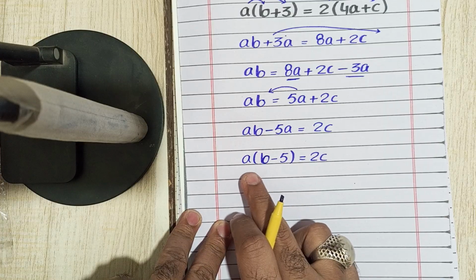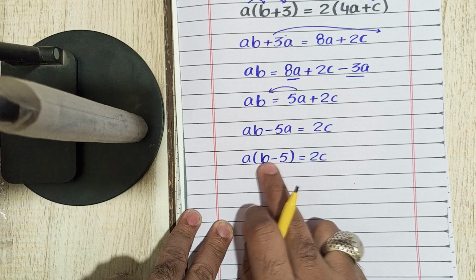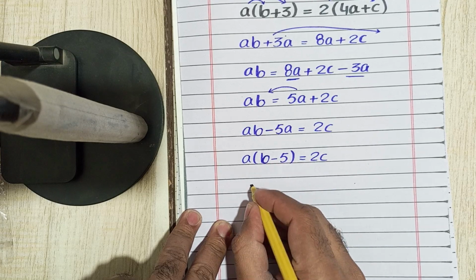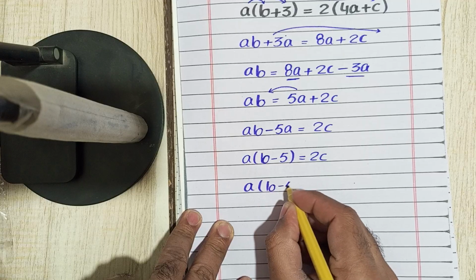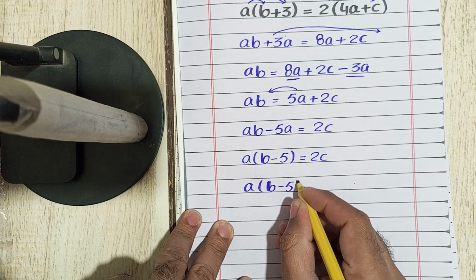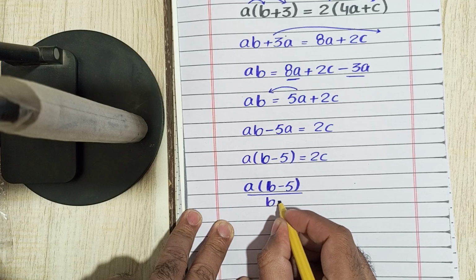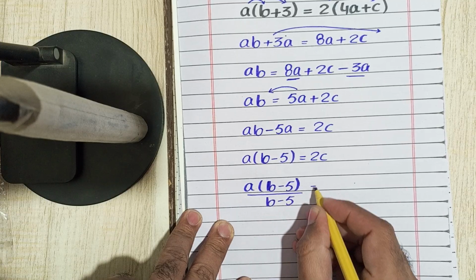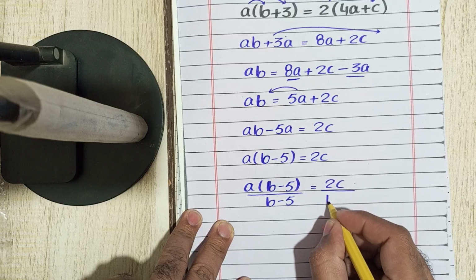Now we want to calculate A, so we divide both sides with B minus 5. So here we have A into B minus 5, and we divide both sides with B minus 5. So 2C divided by B minus 5.